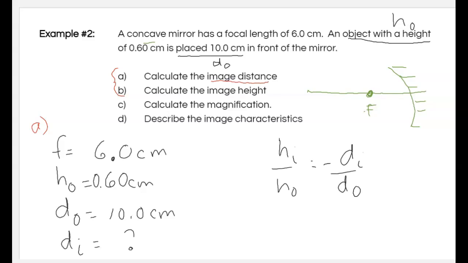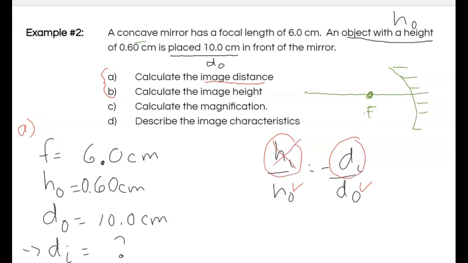And so if I'm looking for DI, then I need to have all of these other variables, right? So do I have DO? Well, yes, I do have DO. That's good. Do I have HO? Yes, I do. But the problem is I don't have HI. And so that is what's telling me that is not the right tool to use in this case.